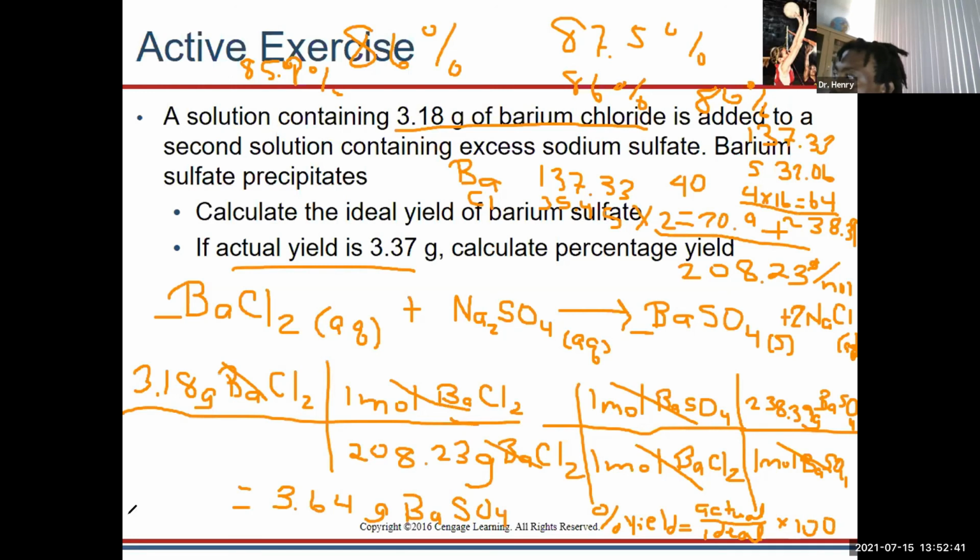So we have 3.37 over 3.64 times 100 equals 92 point something. So with 3 sig figs, 92.6%. Okay, so we have a 92.6% yield.